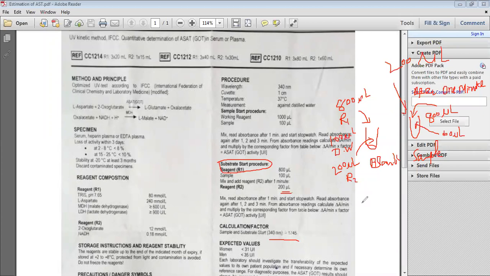Then read the absorbance again after 1 minute. Then you will read the absorbance after 2 minutes, and again you will read the absorbance after 3 minutes. First of all, you will take the absorbance of the blank solution or blank reagent which you have prepared.